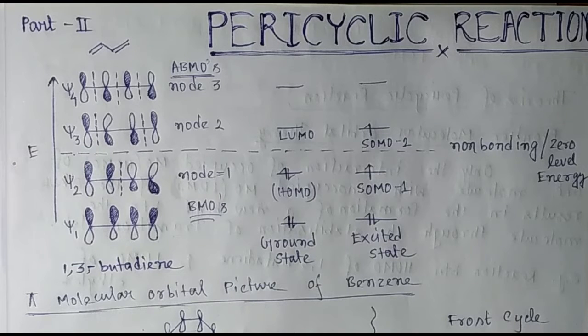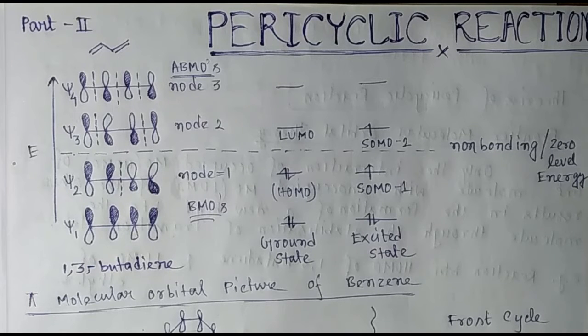In my earlier video I told you how to draw the pi molecular orbital picture of some acyclic molecules like 1,3-butadiene and ethylene. In a system like 1,3-butadiene there are 4 carbon atoms, and that is why there are 4 p orbitals, and pericyclic reaction is completely a game of p orbitals.